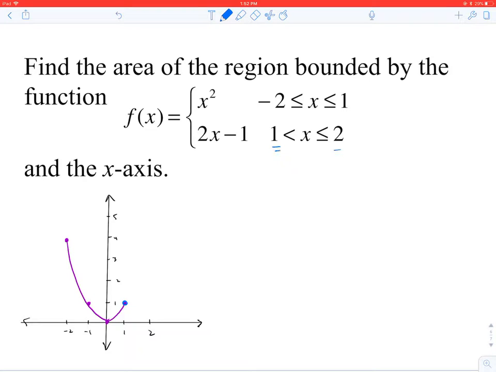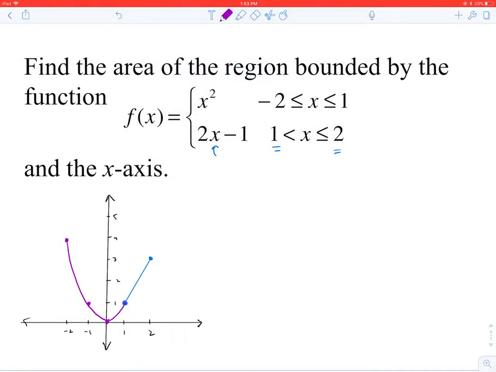But if we substitute the endpoints of this interval in for x, that'll give us an idea of where the function starts and ends. So if we substitute 2 in for x, that would give us 3. And we know that's a line. So it looks something like that.